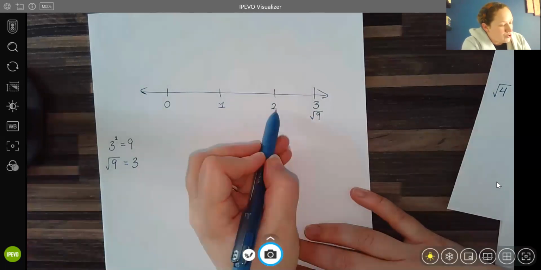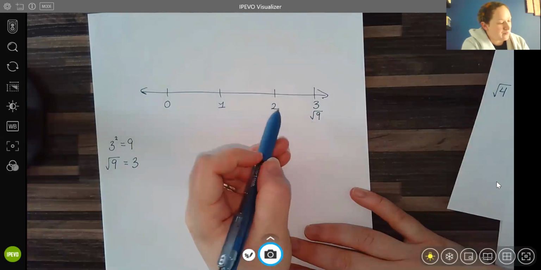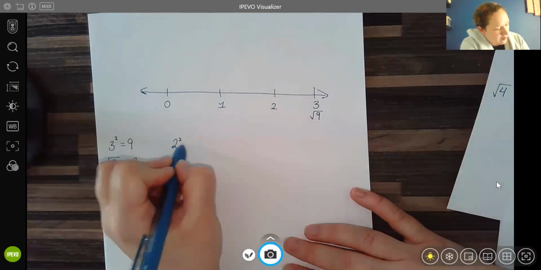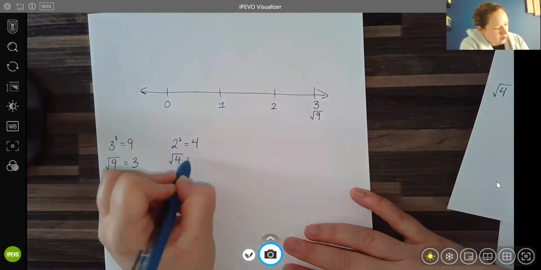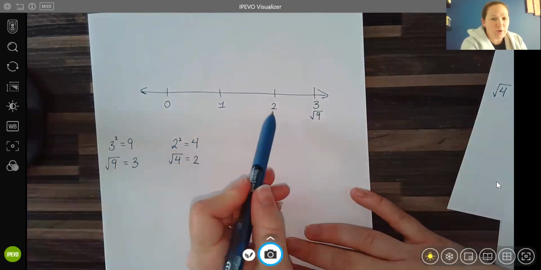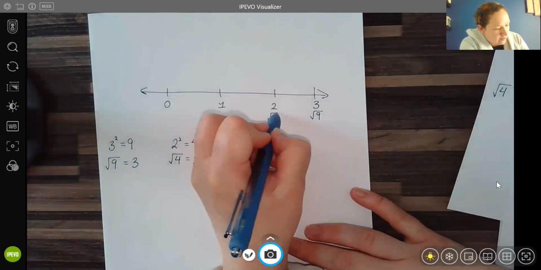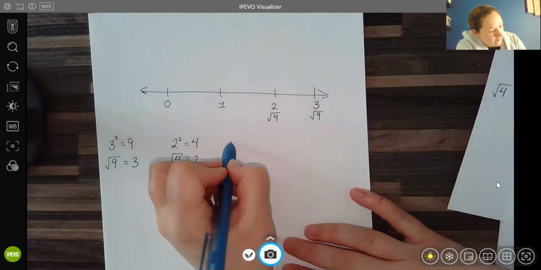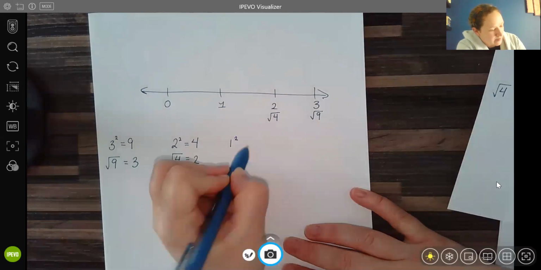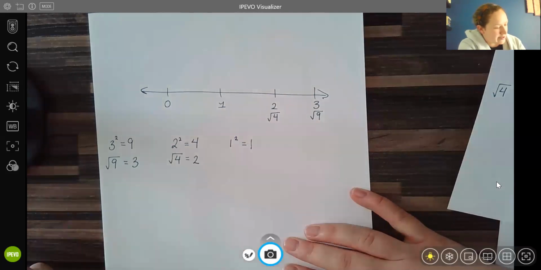And then 2, if my side length is 2, 2 squared equals 4. So the square root of 4 equals 2. So on my number line, 2 is equivalent to the square root of 4. Those are actually in the same exact place on the number line because they're equal in value. If I had 1 squared, 1 times 1, my area is 1.